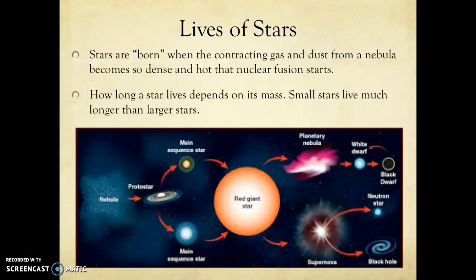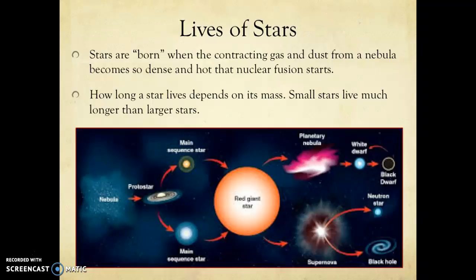So there is a little bit of overlap, but we'll go into a little bit more detail about it in these notes. All right, so stars are born, quote unquote, when the contracting gas and dust from a nebula becomes so dense and hot that nuclear fusion starts. We'll talk in a little bit more detail about that in a moment.